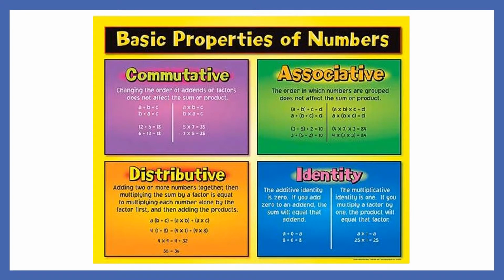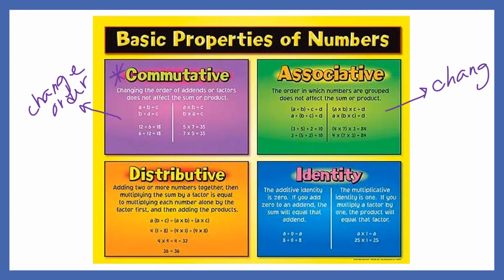This is just a great visual to remember some of the properties that you'll need to know for your EOC. Commutative being one of them, so if you want to write that in your notes, remember, commutative changes the order. So I'm going to put change order. Remember, associative changes the parentheses.